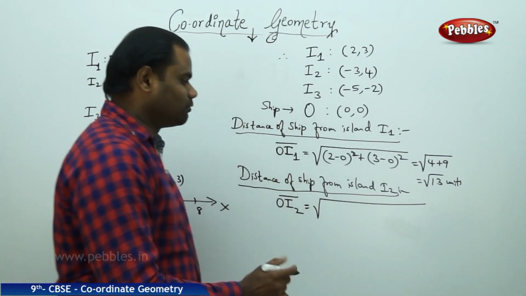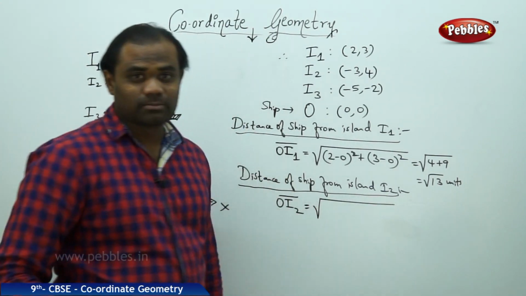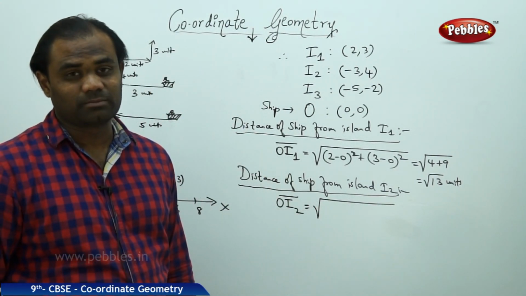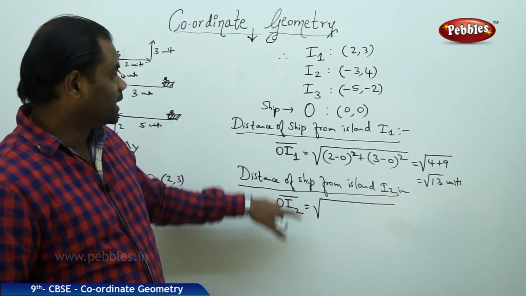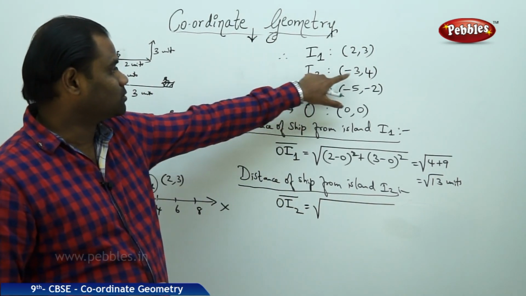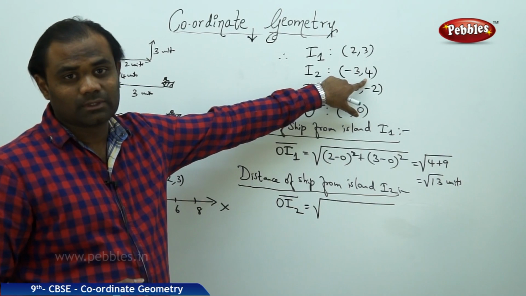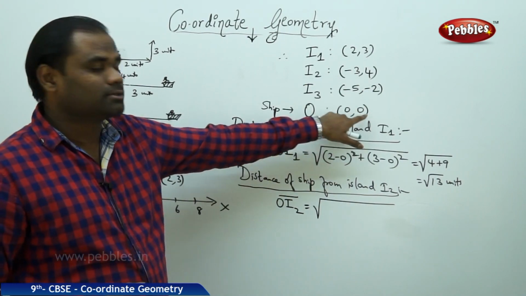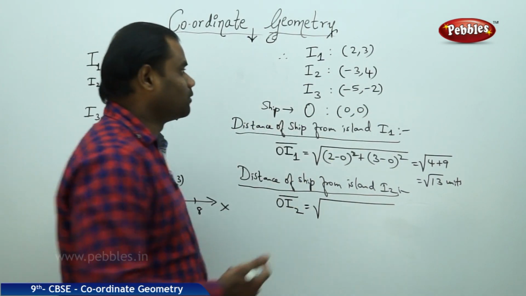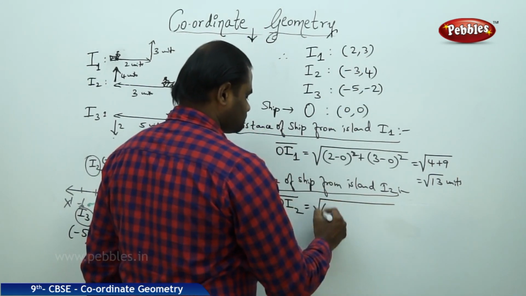Using the same formula for distance, root of x2 minus x1 whole square plus y2 minus y1 whole square, I get the distance from O to I2 using the coordinates of I2, -3, 4 and the origin, which is 0, 0.